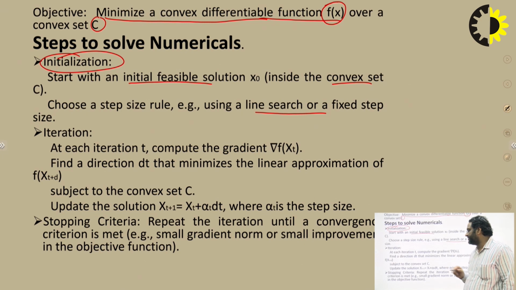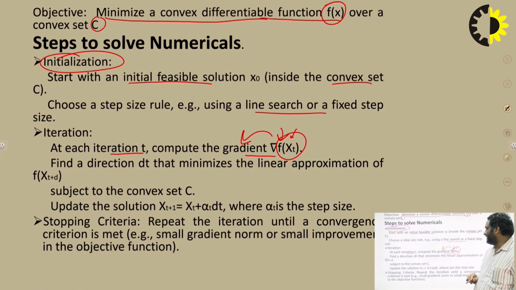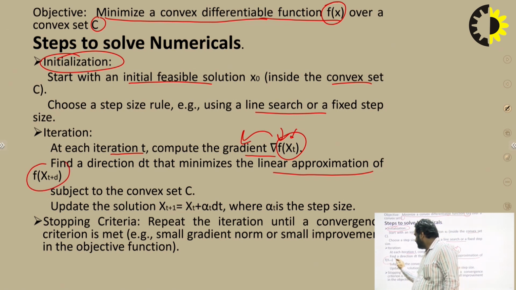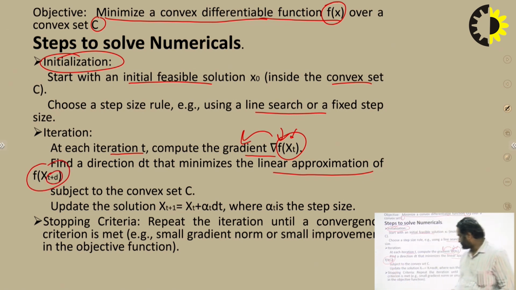And second is iteration. In each iteration t, compute the gradient of f(x). Gradient is what? We take the differentiation of the function with respect to the given variables. In this particular case, we have one variable x, so we need to differentiate this function f(x). That is the gradient. Find a direction dt that minimizes the linear approximation of f(x), subject to the convex set C. Then update the solution.